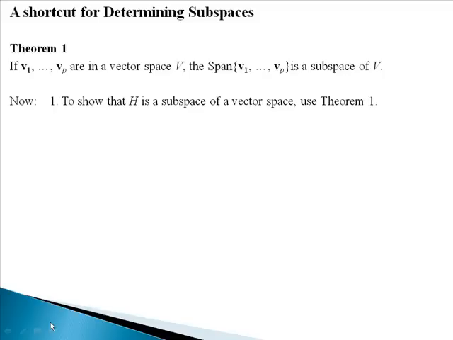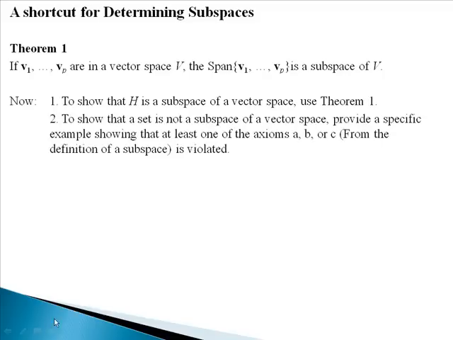The first way to show that H is a subspace of a vector space, we can apply theorem 1. If it's a linear combination of the vectors, then it's a subspace. Or, to show that a set is not a subspace, provide a specific example showing at least one of our axioms A, B, or C from our definition of a subspace is violated.